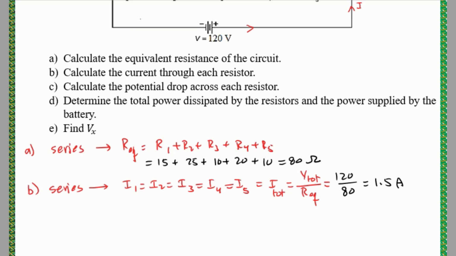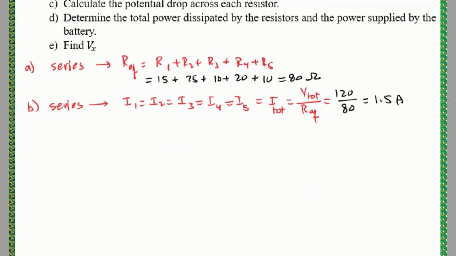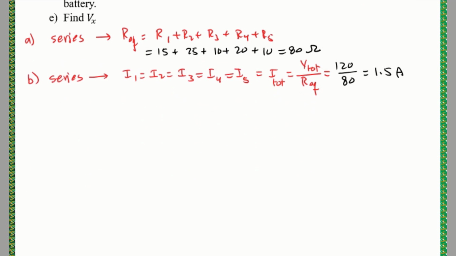Now we need the potential drop across each resistor. V across any resistor equals the current through that resistor times that resistor. And we know that all currents are the same, which is 1.5. So V1 equals 1.5 times R1, which is 15, 22.5.